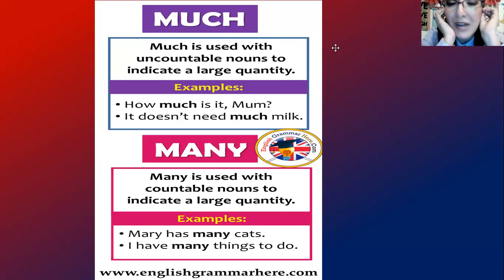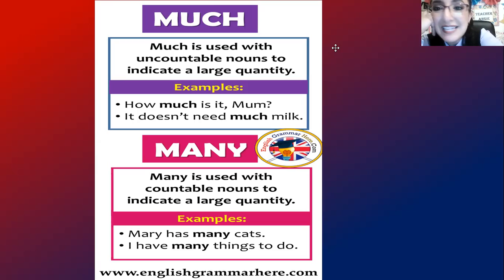Talking about prices, quantities, liquids. Remember that this is for uncountables, and uncountables are going to be singular because uncountables don't have plurals. And many is used with countable nouns in order to indicate a large quantity. The difference is that one is for uncountables and the other one is for countables.